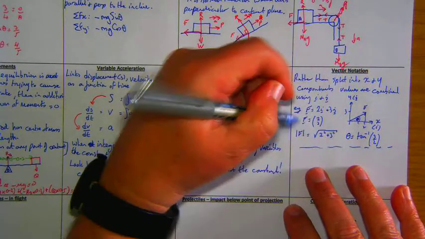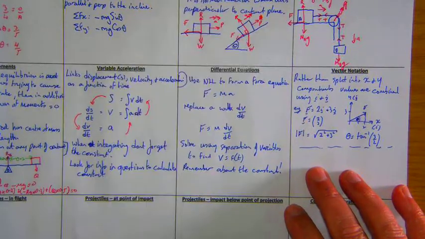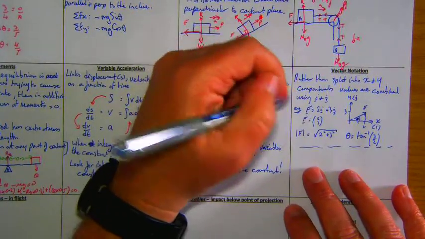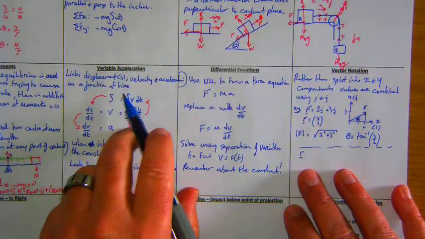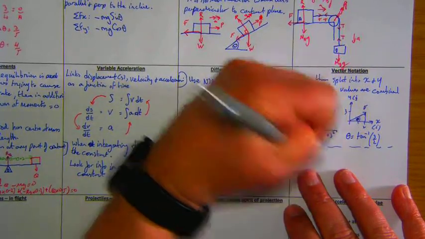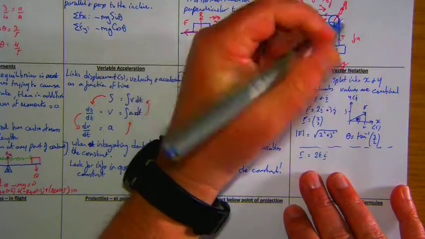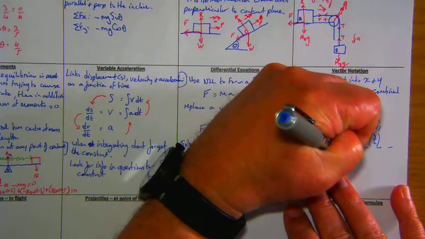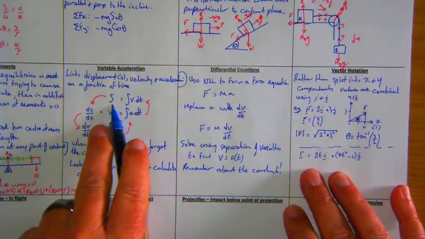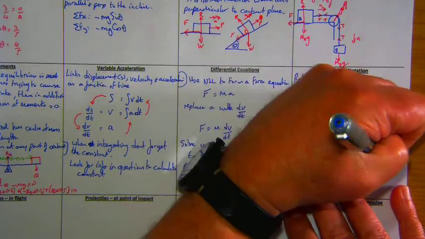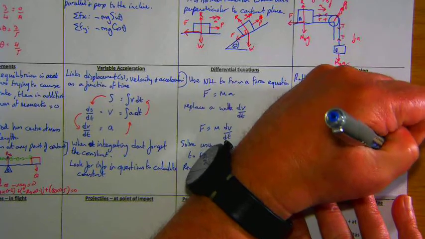You could be given force in vector form. You could be given position in vector form. Position tends to be given as r, but it could be displacement as s, and that could be something like 2t i plus (7t squared minus 1) j, which would be a variable acceleration question. Or you could write it as (2t, 7t squared minus 1).